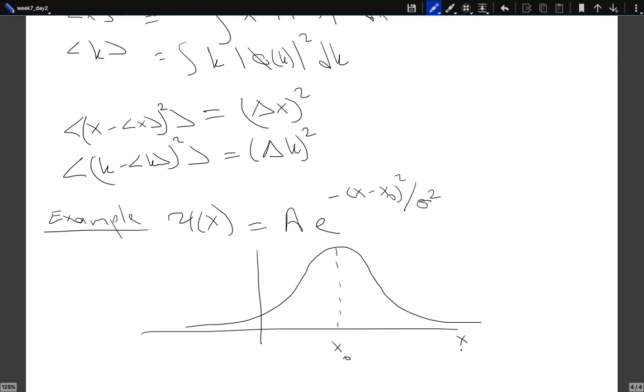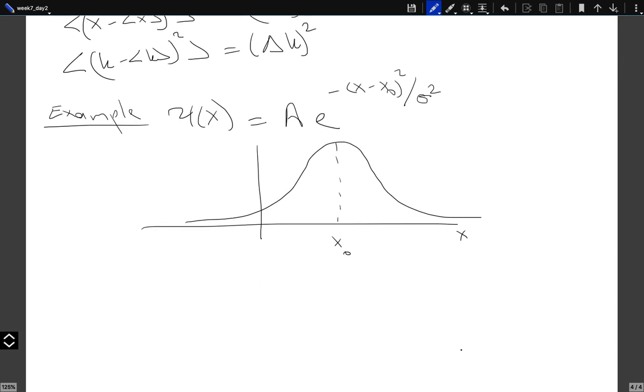So let's start with what is A. Well, we can determine A. If you remember, psi of x squared is the probability density. The total probability should be 1.